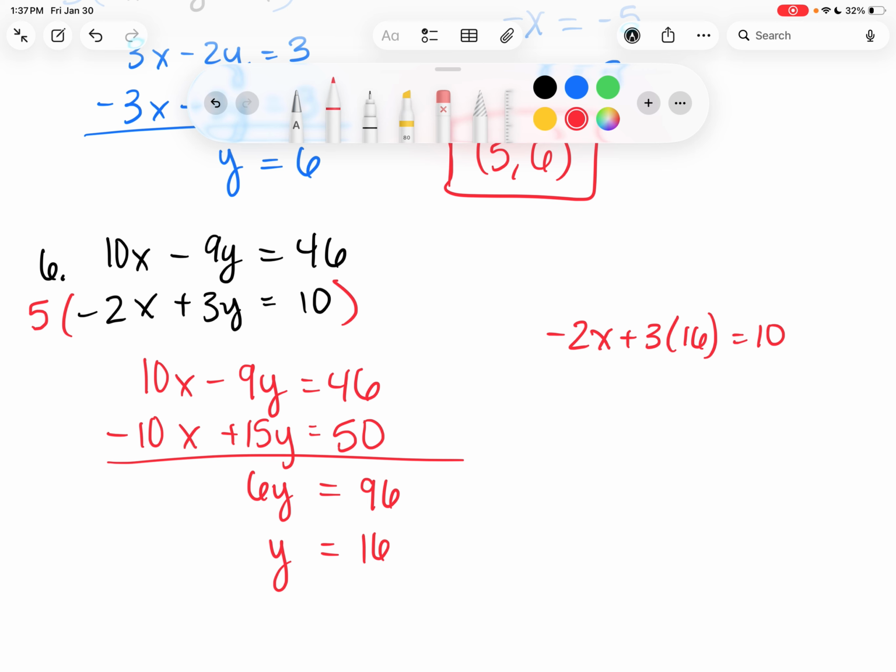We're going to multiply: negative 2x plus 48 equals 10. Subtract 48, so negative 2x equals negative 38. Divide by negative 2, x equals 19. So the solution is 19, 16.